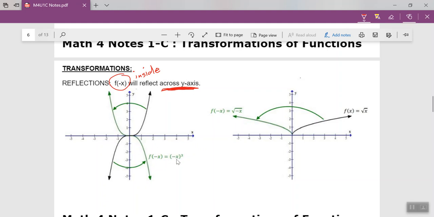But here, if I have y equals negative x inside the parenthesis with the cube, that means it's going to flip on the y-axis. Likewise, over here, if I have square root of x and then square root of negative x inside under the bar, it's going to flip on the y-axis, not the x. So it does matter where the negative is; you're going to have to figure out a way to keep that straight.